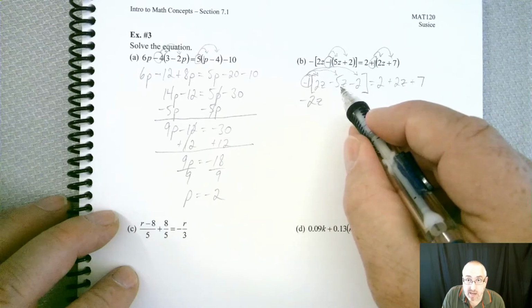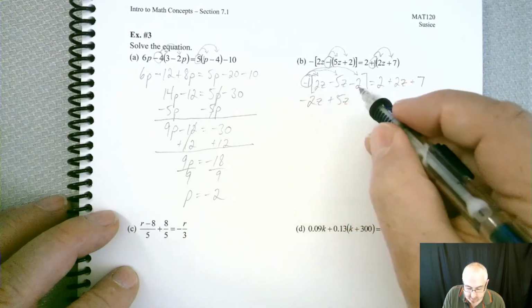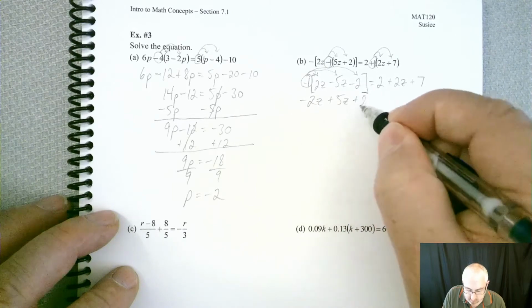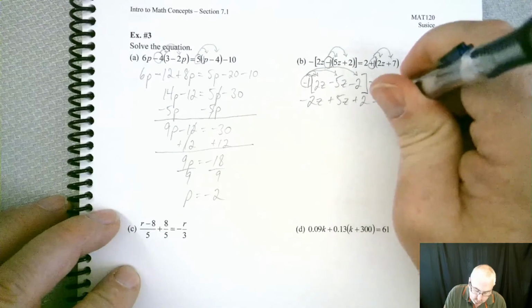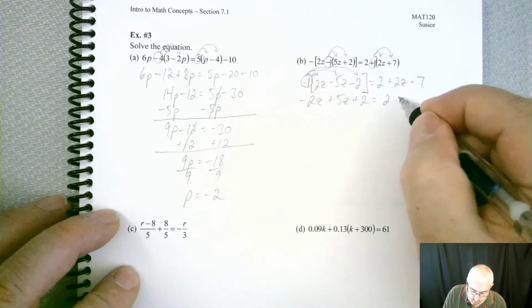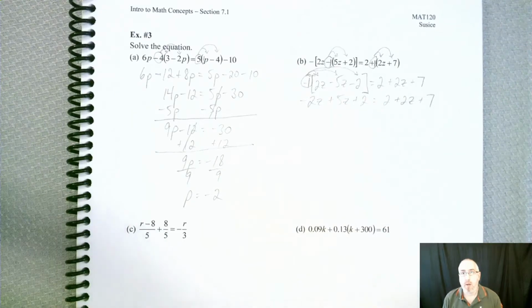Negative 1 times negative 5 is positive 5z. Negative times negative is positive. Okay. So all the parentheses, all the brackets are gone.